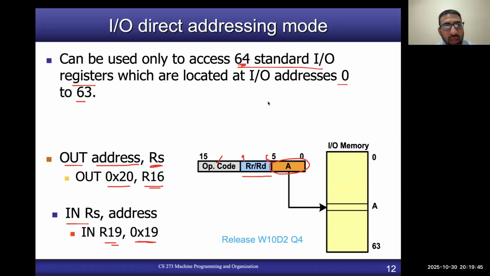There is only one instruction using direct addressing mode, and that one is LDS, or load from static memory, R16, comma 0xF0F0. If you think that my answer is not correct, then let me know, we can discuss. Third question, select instructions that use IO direct addressing mode. There is only one instruction which uses it, and that is the last one, in R17, comma PINB.